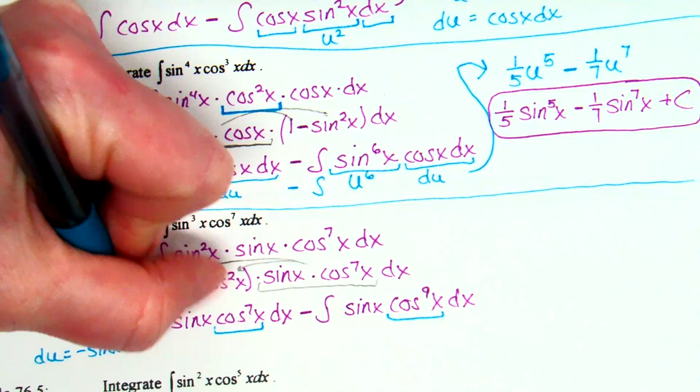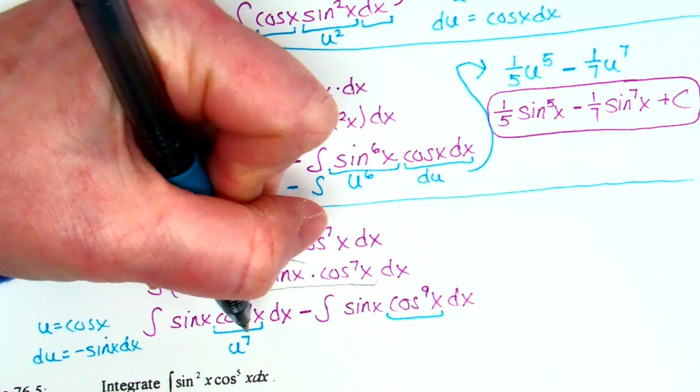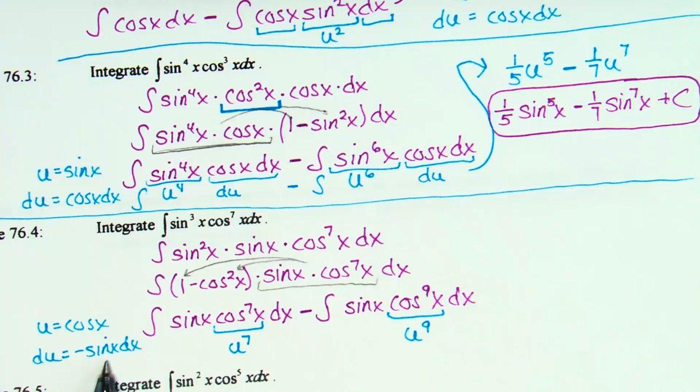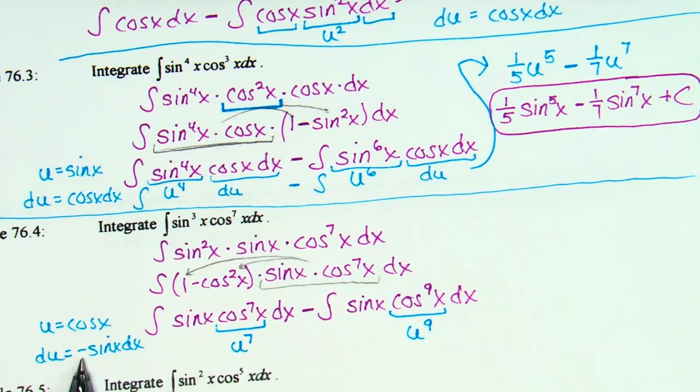What do you notice about this first one? Yeah. It's a negative sine x dx. I just have a positive sine x dx. So if you divide this negative over, it's negative du equals sine x dx. And the idea then is, what am I replacing sine x dx with?